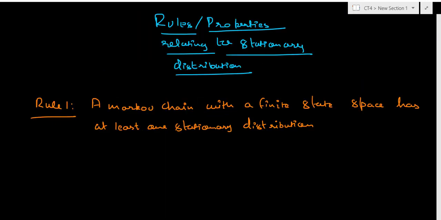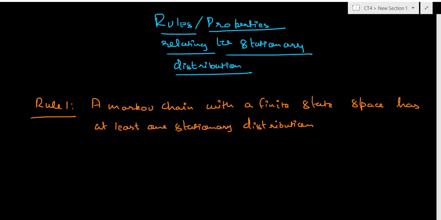Okay, so now we'll be discussing a few properties relating to the stationary distribution of a Markov chain. The first property is that a Markov chain with a finite state space has at least one stationary distribution.